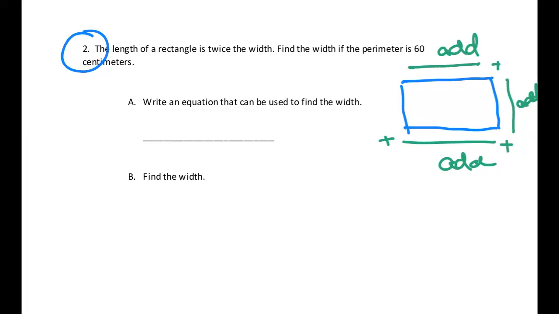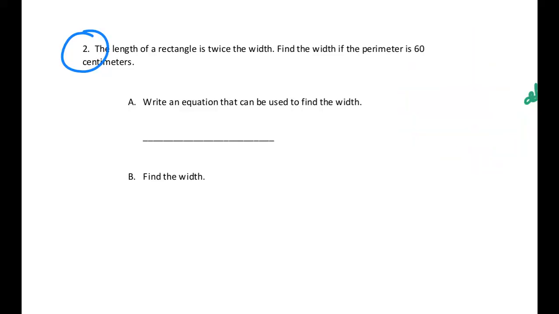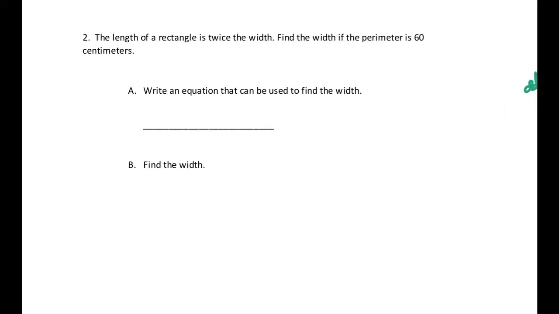Number 2 says the length of a rectangle is twice the width. So let me erase some of this and start over here. Especially in this type of problem, where it's talking about a rectangle, I definitely would go ahead and draw a rectangle.